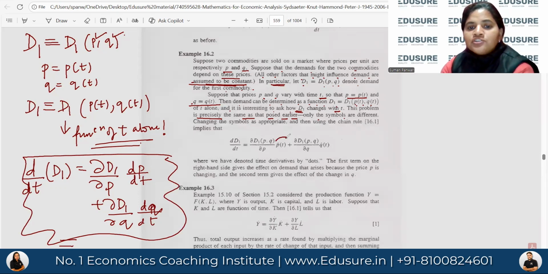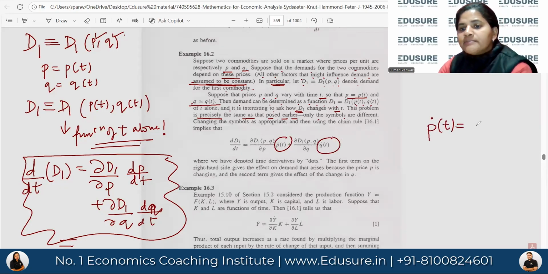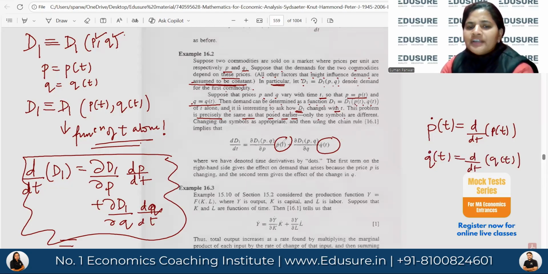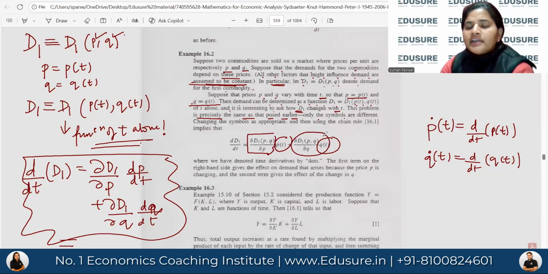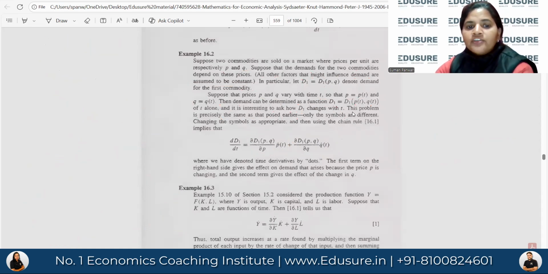Now these P dot t and Q dot t are also standard symbols. P dot t is d by dt of P(t), and Q dot t is d by dt of Q(t). So different symbols. You can see that here they have used these terminologies, and in the initial one they were using F1 prime and F2 prime. So whatever you are comfortable with, you can carry on with that. Let us look at example 16.3.